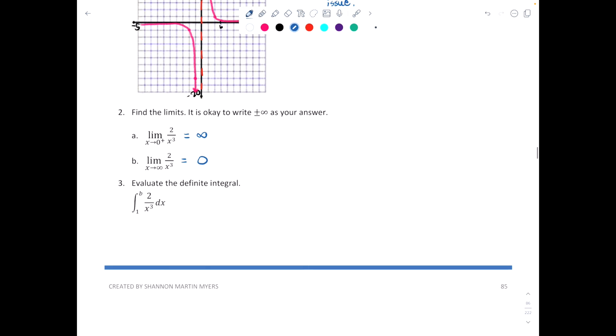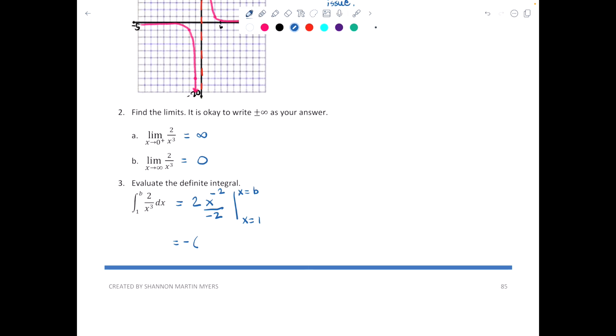So let's evaluate this definite integral here, all right? So this will be equal to 2x to the negative 2 over negative 2, evaluated from x equals 1 to x equals b. Cool so far? The 2's divide out, and we would get a negative on the outside.